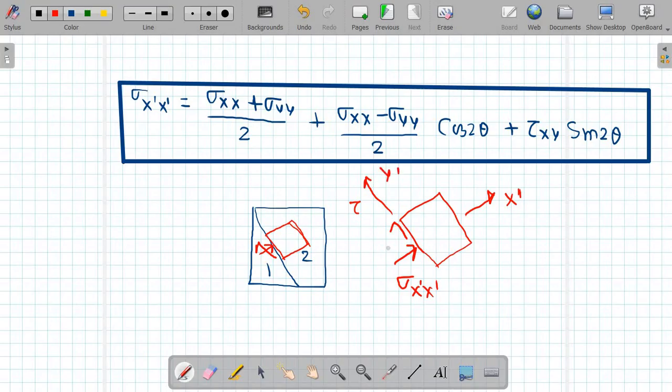So, as far as notation is concerned, this force is oriented towards the y dash direction, and the plane where it is applied is x dash, normal to that is x dash. So, this shear will be called shear x dash y dash. Now we have to calculate the shear force along this direction based on this equation.